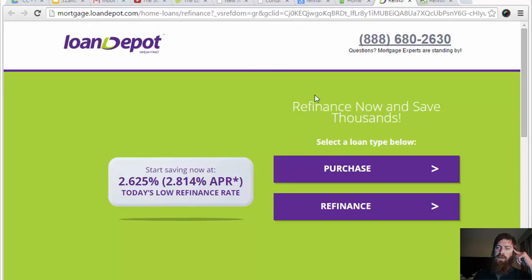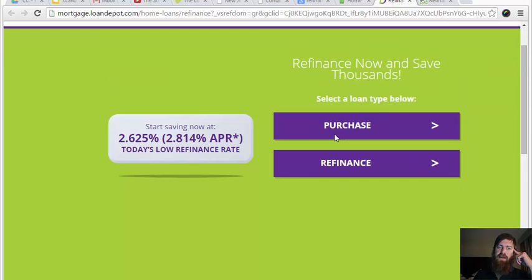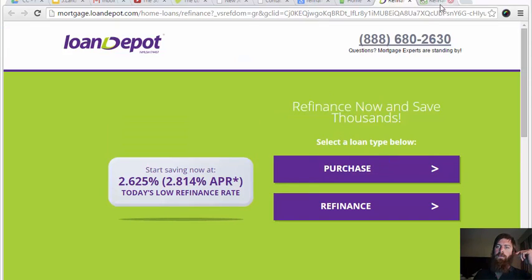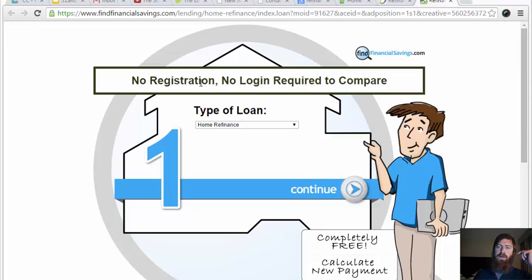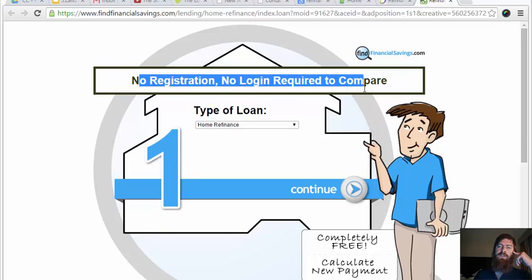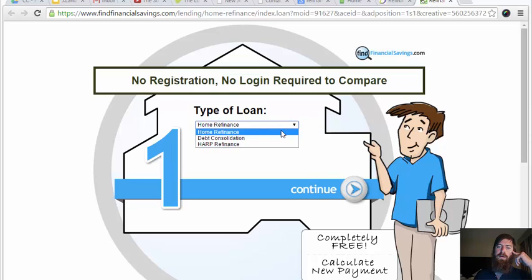Here's another one. Refinance now and save thousands. So here's a good one. Completely free, calculate new payment. So what this lander is saying is basically, look, we're going to calculate your new payment based on the information that you give us. So no registration, no login required to compare.